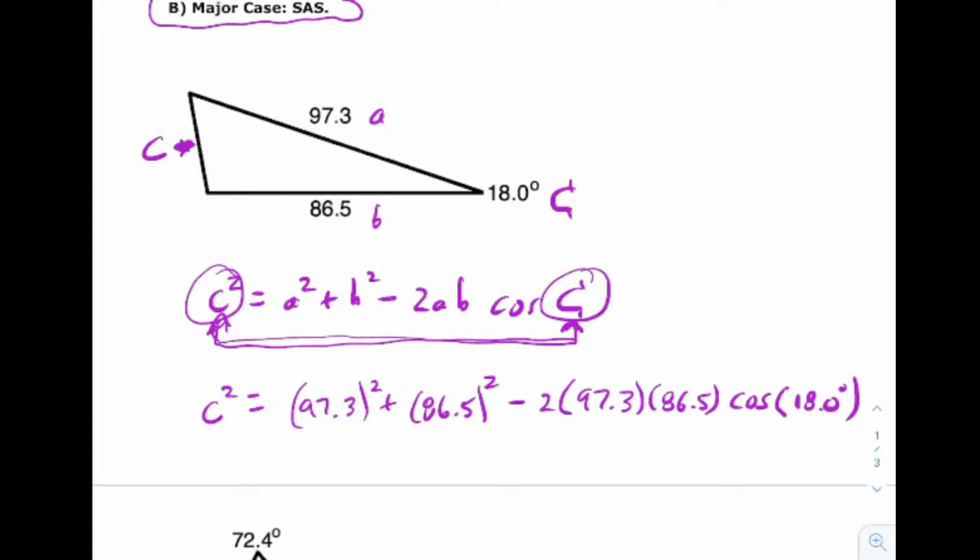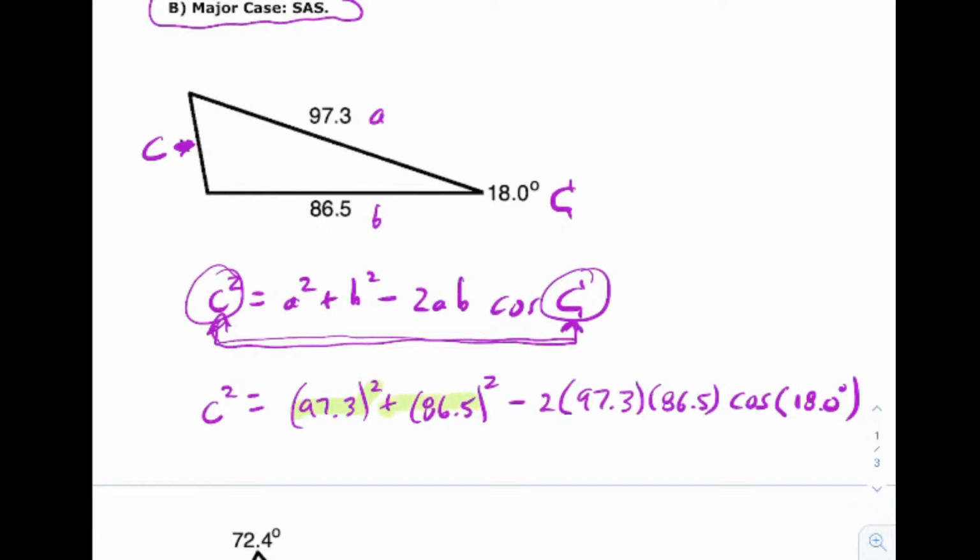Now, the big challenge is going to be getting this on your calculator without making any mistakes. I'm finding my calculator is getting old, so the buttons are getting sticky. So you might want to keep an eye on what you're actually entering. I'm going to go like this: 97.3, and then there's a nice square button, right? So I entered the 97.3, I hit the square button. Plus, now I enter the 86.5, and I hit the square button.